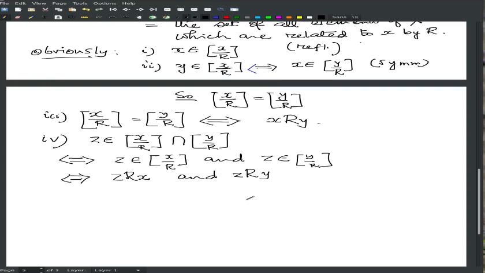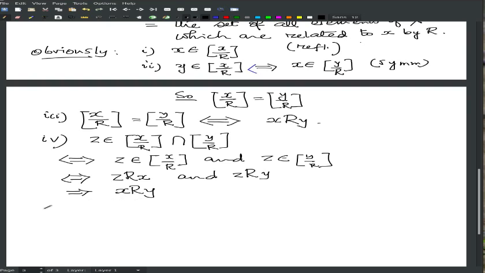See, it's both-sided as we have done so far. So from transitivity, it tells us that x is related to y. Okay?